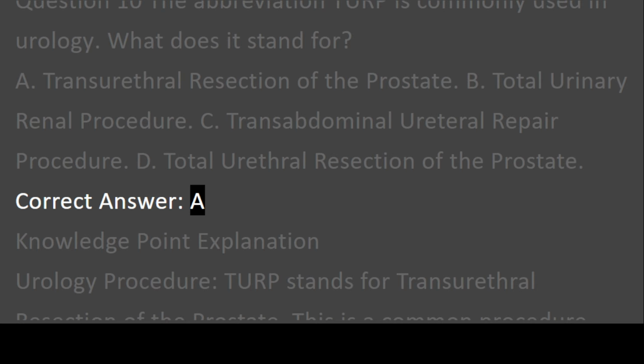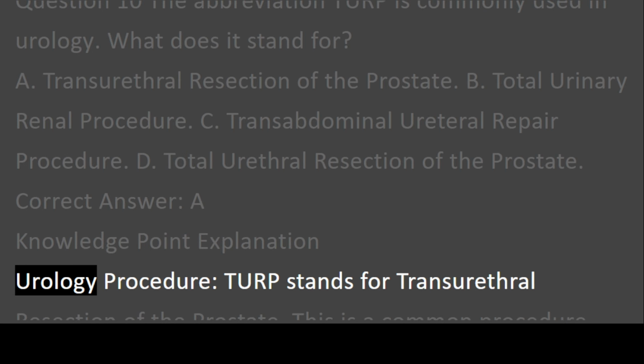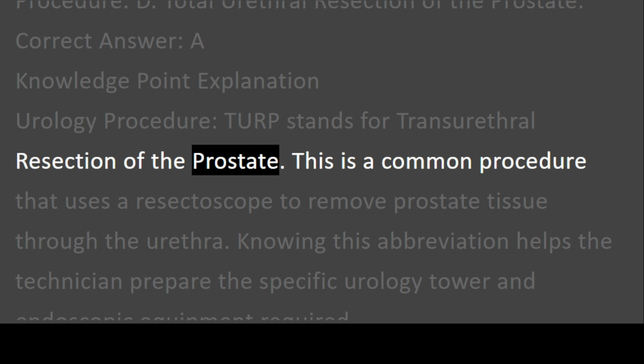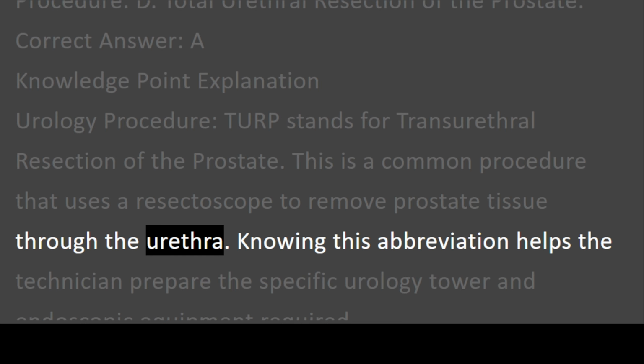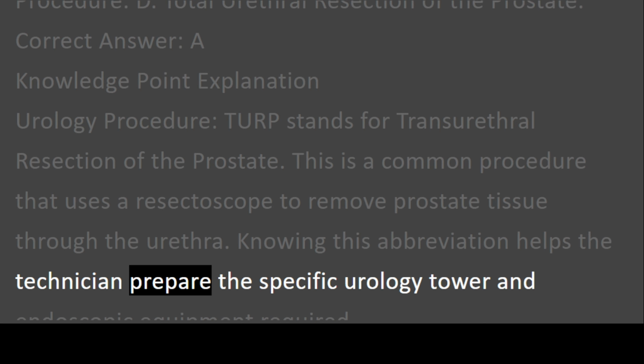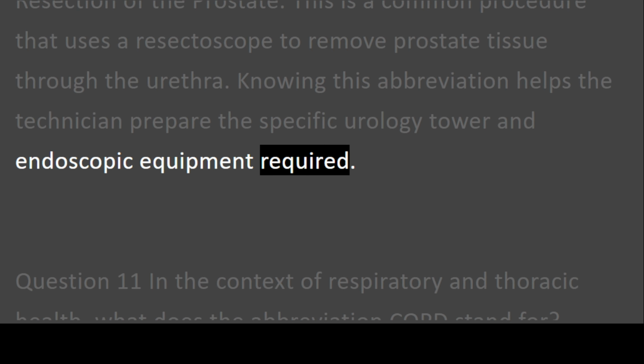Correct answer, A. Knowledge point explanation. Urology procedure. TURP stands for transurethral resection of the prostate. This is a common procedure that uses a resectoscope to remove prostate tissue through the urethra. Knowing this abbreviation helps the technician prepare the specific urology tower and endoscopic equipment required.